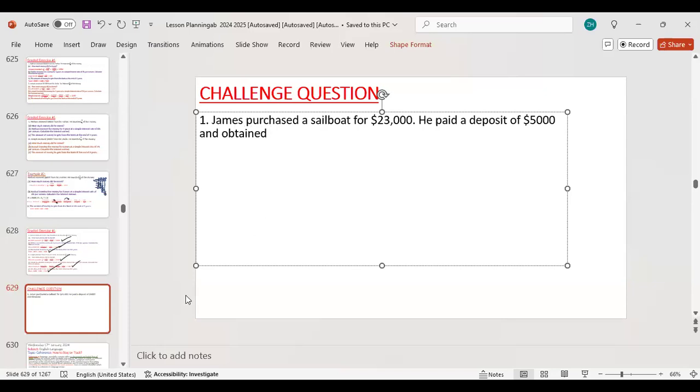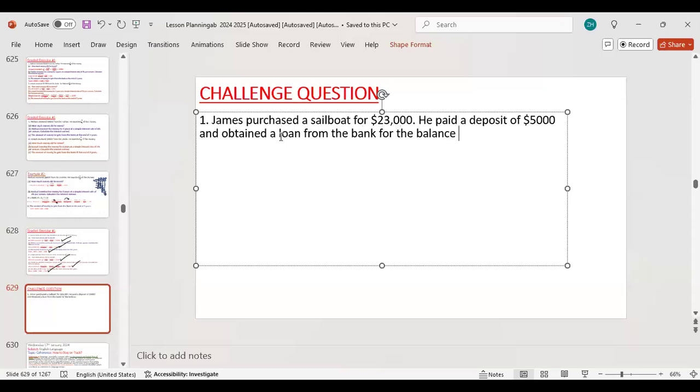You're right, you might cancel most of those zeros anyway. Man, Genesis, come on. All right, this is not a hard question. He paid $5,000 and obtained a loan from the bank for the balance.